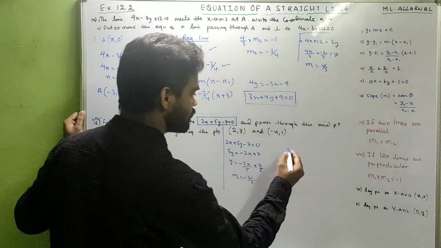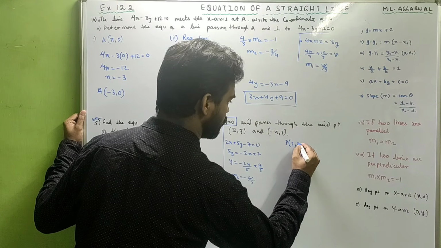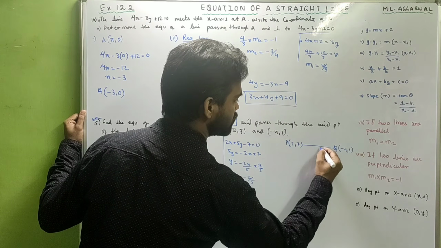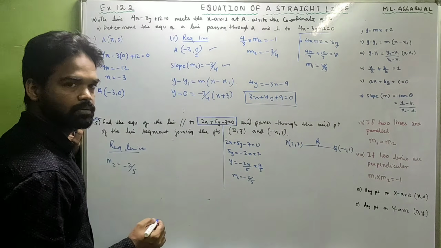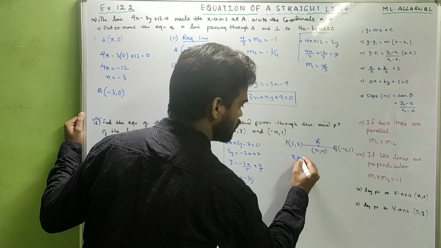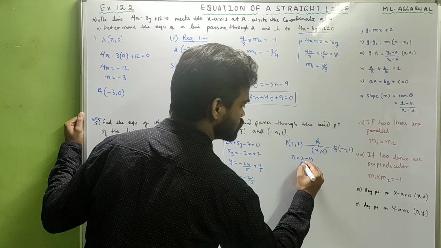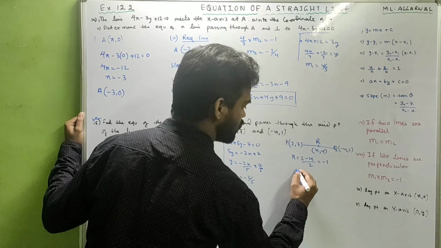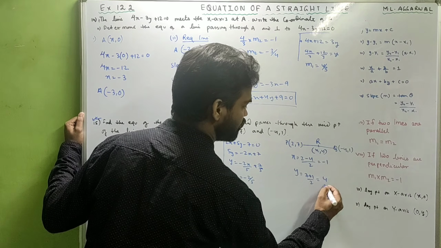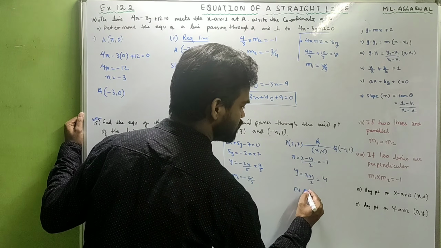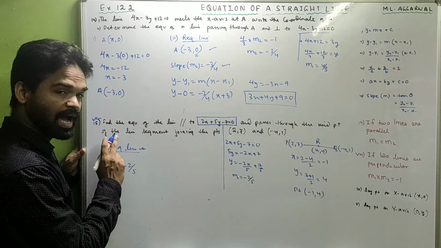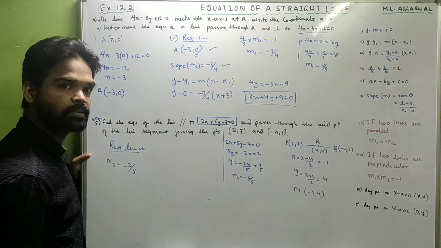Suppose P is (2, 7), suppose Q is (minus 4, 1), and suppose R is the midpoint. So how do you get the coordinates of R? x will be x1 plus x2 by 2, which is minus 1, and y will be y1 plus y2 by 2, that's 4, which means your point will be (minus 1, 4), and your line passes through this midpoint.